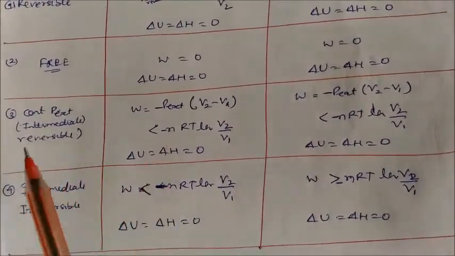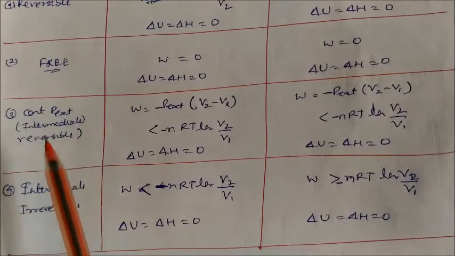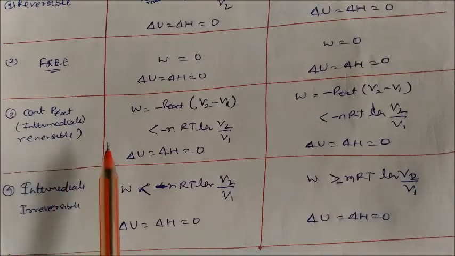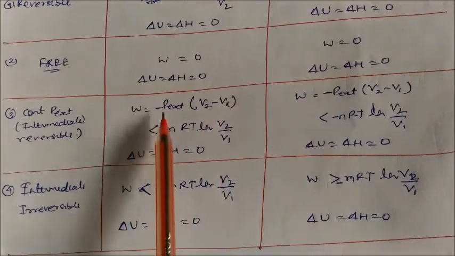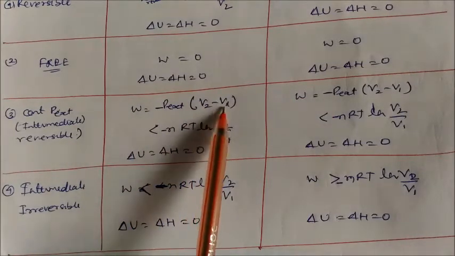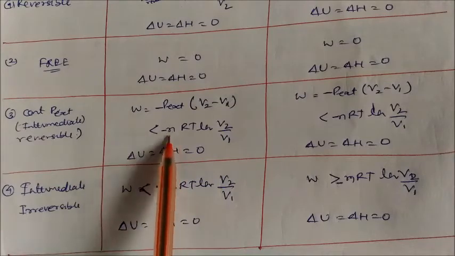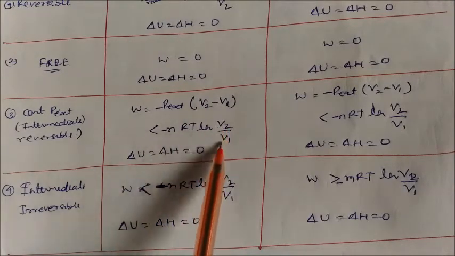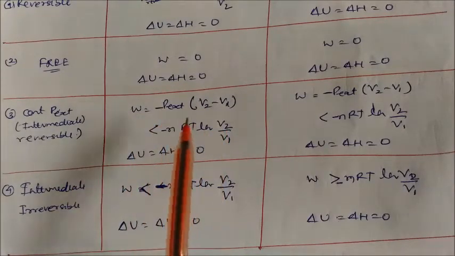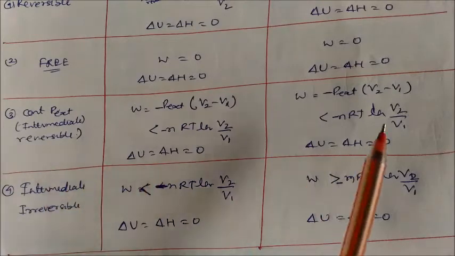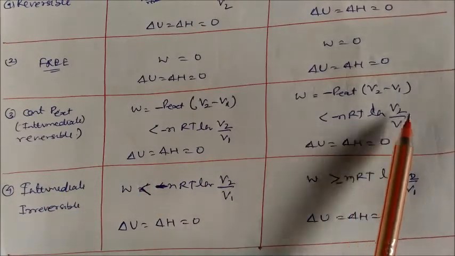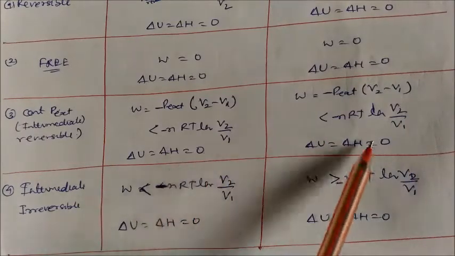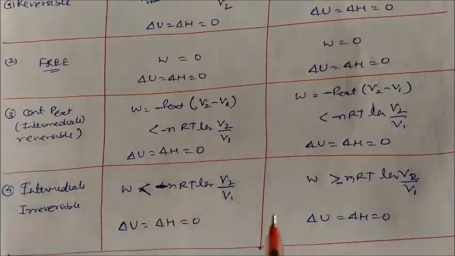Now if you take constant external pressure, in the case of intermediate irreversible, things will be the same. Work done equals minus P external into V2 minus V1, and it is lesser than minus nRT natural log V2 by V1 in the case of expansion. In the case of compression also, it is compared with minus nRT natural log V2 by V1, and delta U and delta H in both cases will be 0.